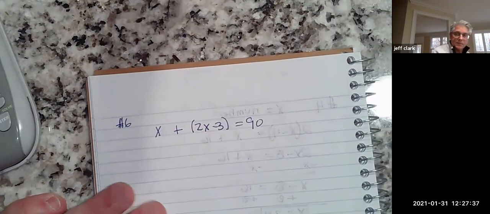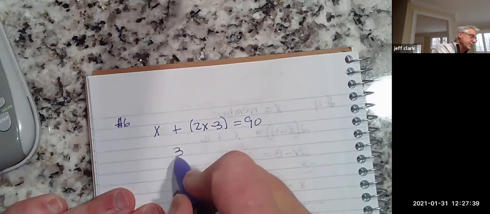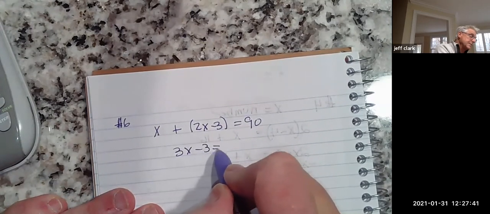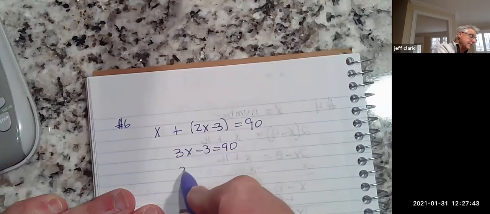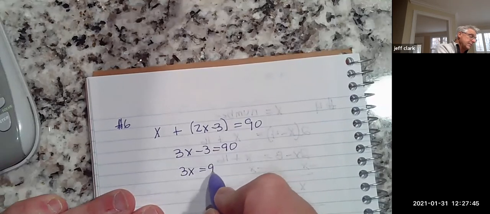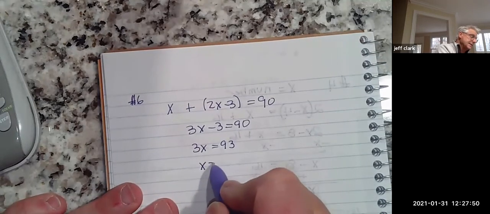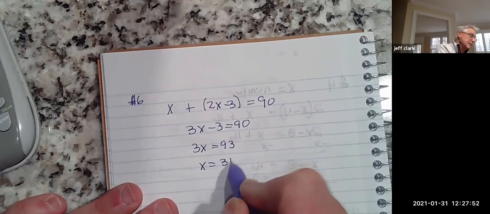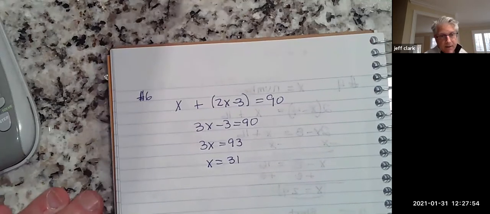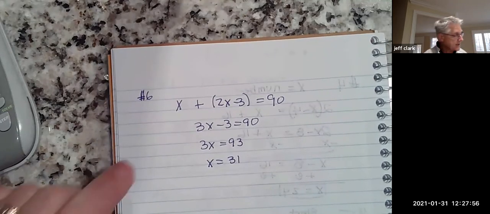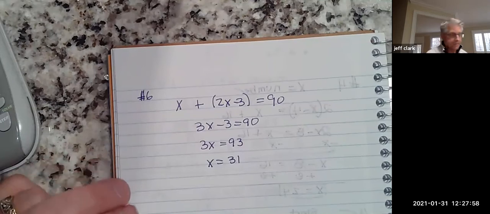Okay, let's combine like terms. So you got 3x subtract 3 is equal to 90. You got 3x is equal to 93. And you divide by 3 and you'll get x is equal to 31. So you say the angles are 31 degrees, because that's what the smaller angle looks like.